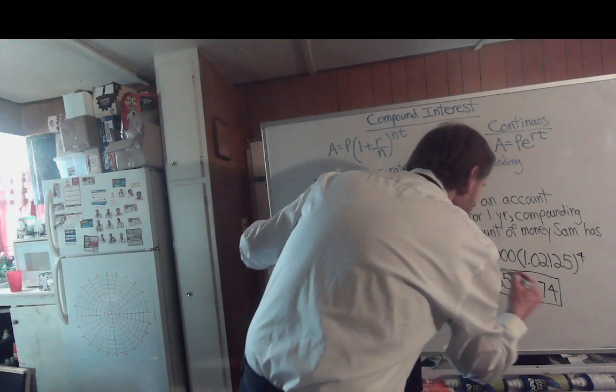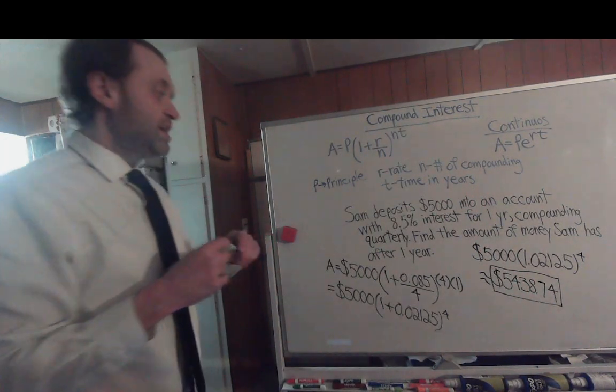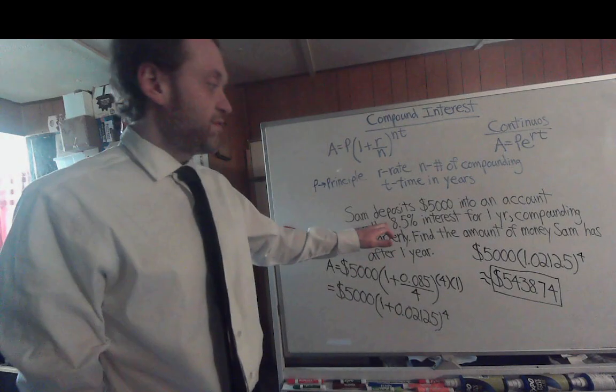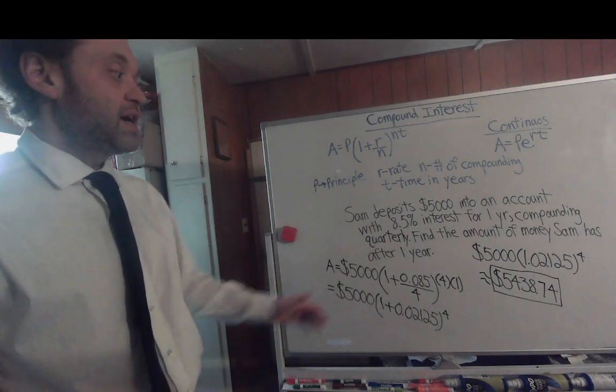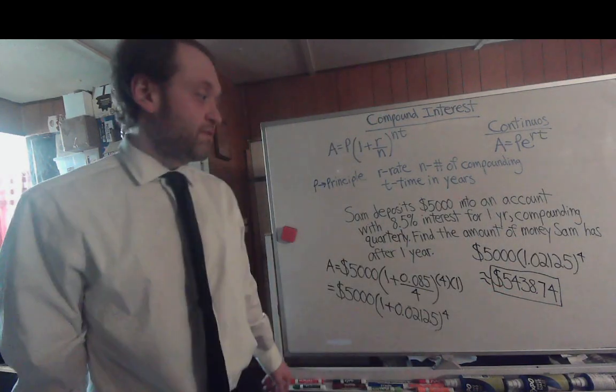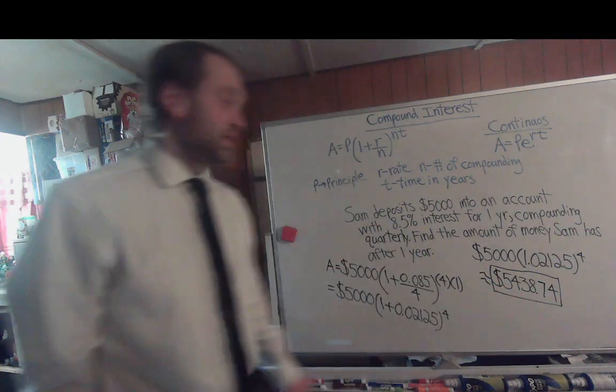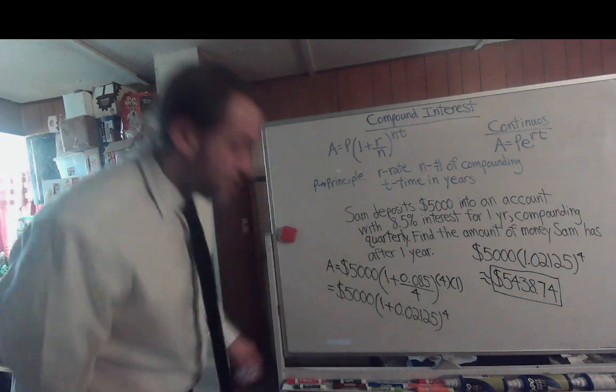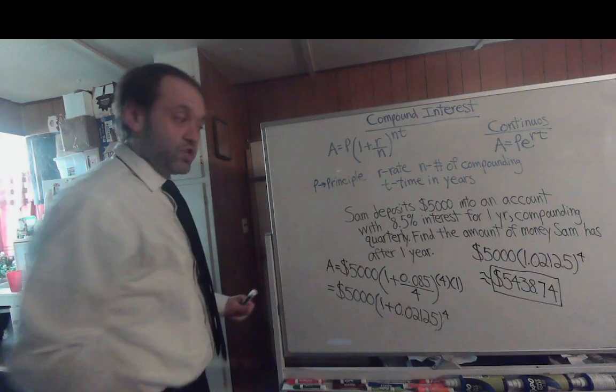So if Sam leaves that $5,000 in this account with 8.5% interest for a year and it compounds quarterly, at the end of the year he'll have $5,438.74. Alright, let's change it again.